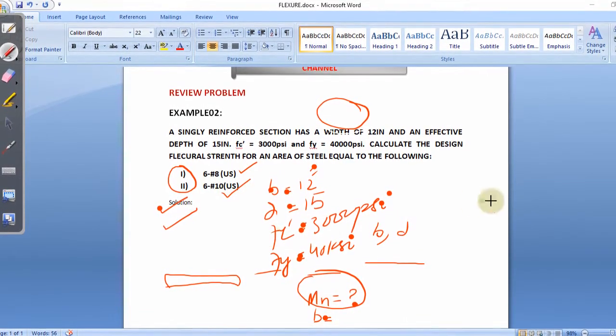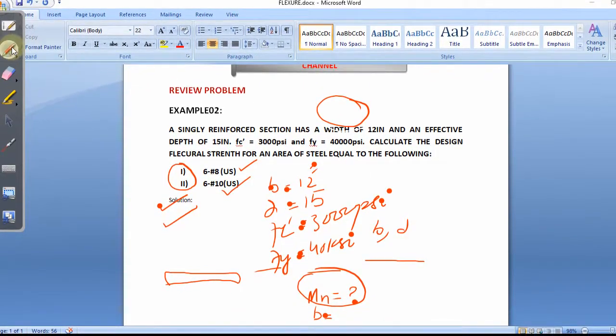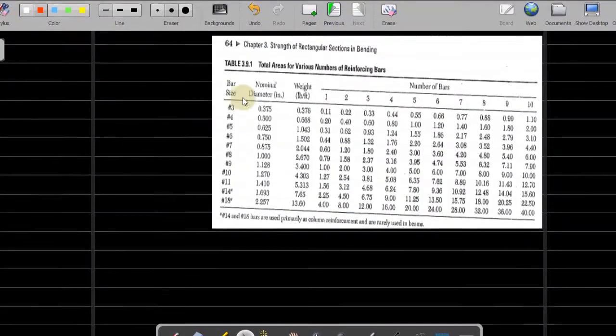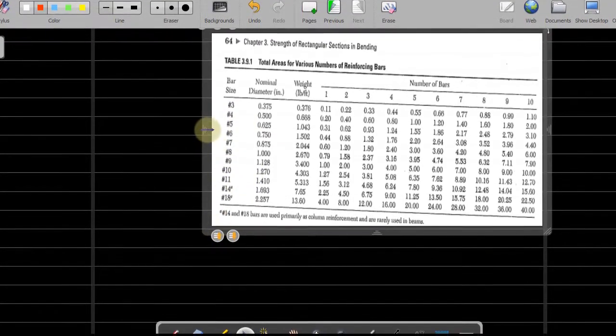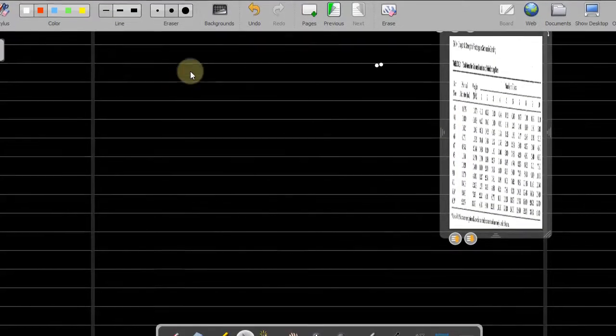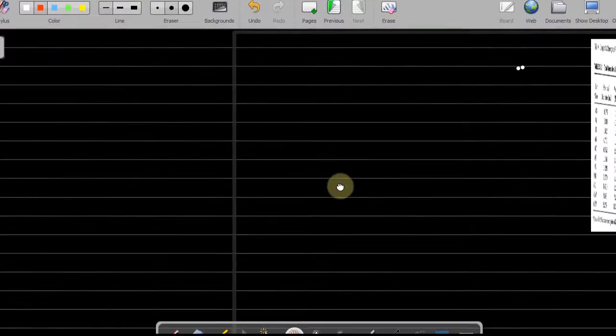So let's start how we can solve this example. Right, first of all, let's start this example. So let me bring my whiteboard.